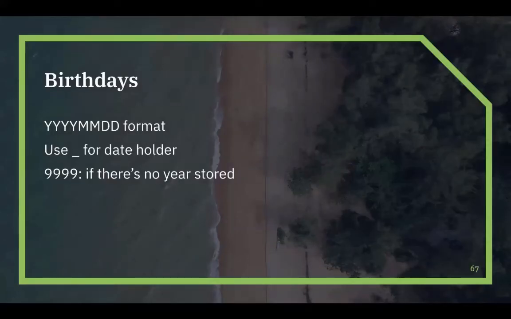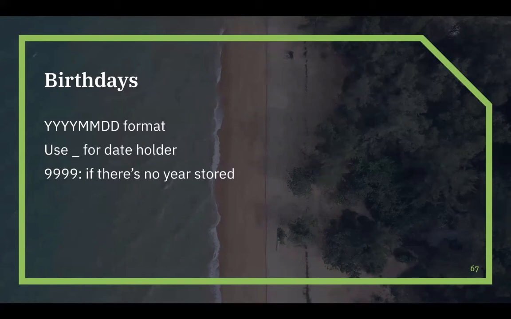And let's say you had a birthday that you were trying to find. The format for birthdays and dates in general in the account is year, year, year, year, month, month, day, day. The underscore also works as the date placeholder as well. So if you don't remember the month or the day, but you remember the year, you can add the placeholder under those as well.